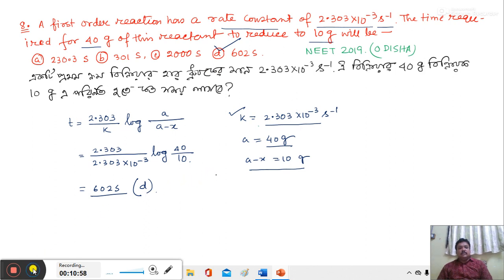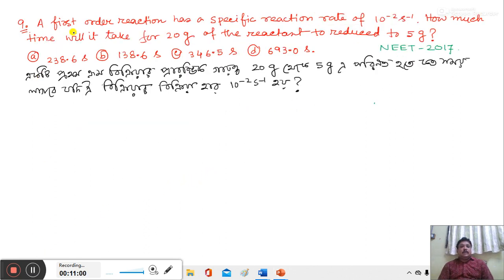My next problem is, a first order reaction has a specific rate constant of 10 to the minus 2 second inverse. How much time will it take for 20 grams of the reactant to reduce to 5 gram? This question came in the NEET 2017 exam.